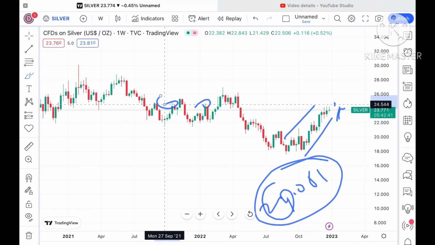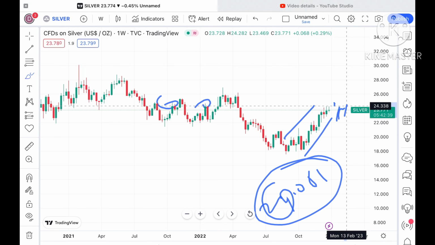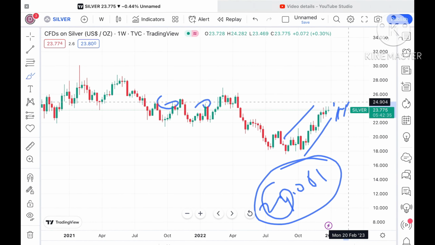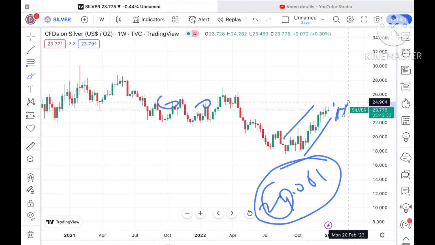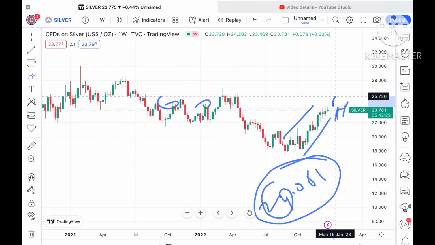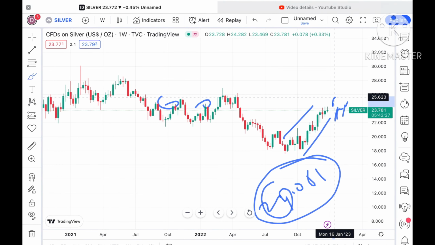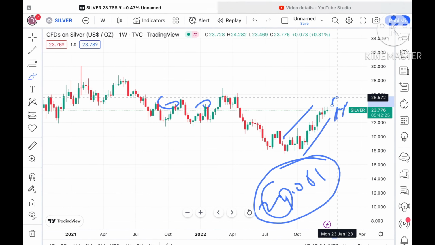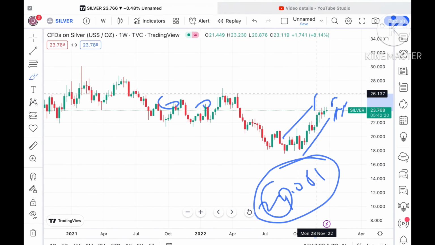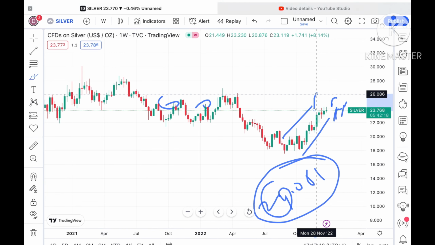Again, this level is also a weak resistance, so if it goes above $24, chances are high it can touch around $24.904, and if that level sustains, it can cross that zone and touch around $25.623. If that level sustains, it can go further upside, and a probability of touching 26 is there. So you have to keep this in mind.